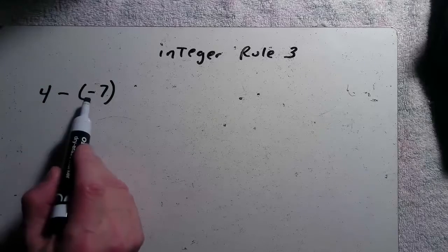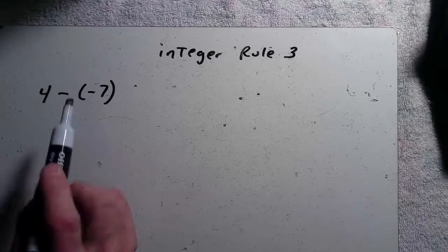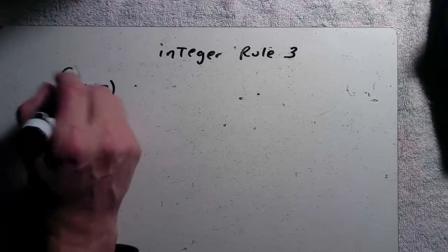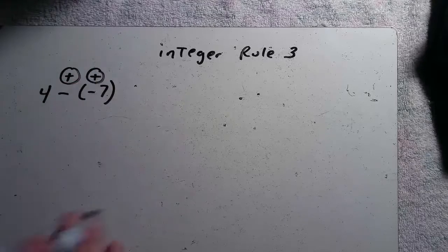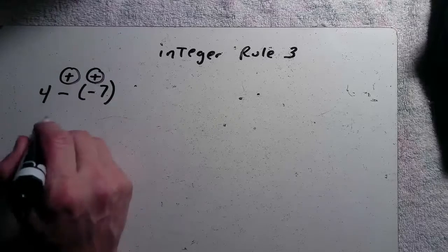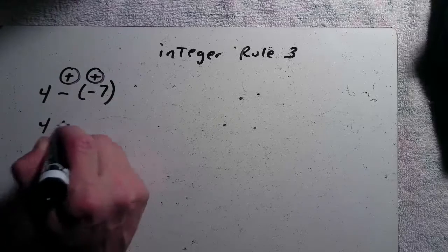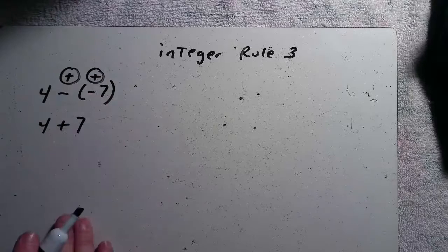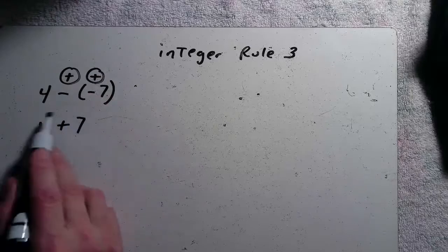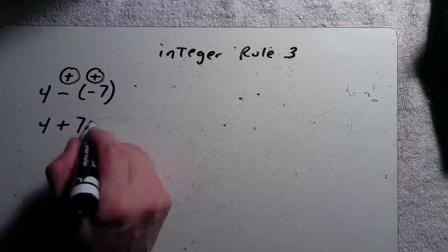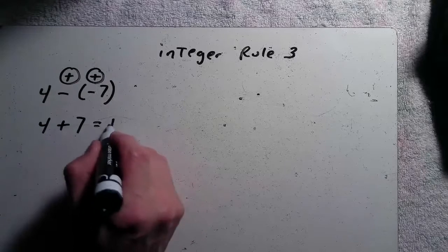This double negative ends up becoming plus. So minus becomes plus, and you have another plus over here. Sometimes you've seen your instructors say plus plus. Bring it down in the next line, and we're going to bring plus 7 here. Now we're going to treat this as rule 1 or rule 2. In this case, 4 plus 7 is ordinary 11.